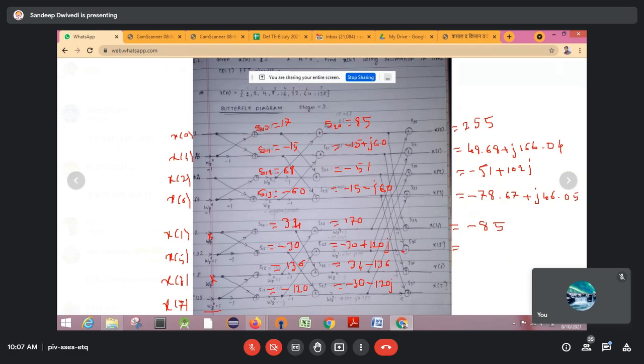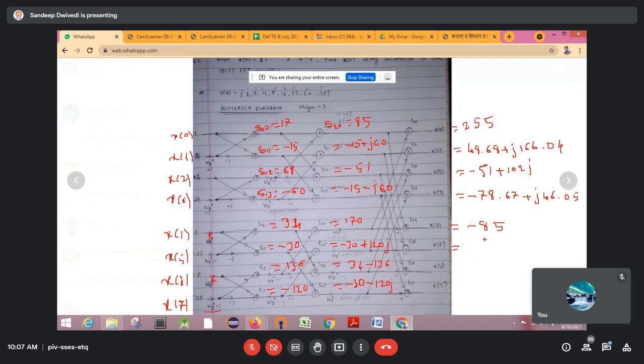Then this one here also, this value you need to multiply with W suffix 8 raised to power 1, that is 0.707 minus j0.707. This value you need to multiply with this minus 30 plus 120j. After this multiplication, you need to multiply with the minus 1, which means the sign will be changed. And that value you need to add to minus 15 plus j60.